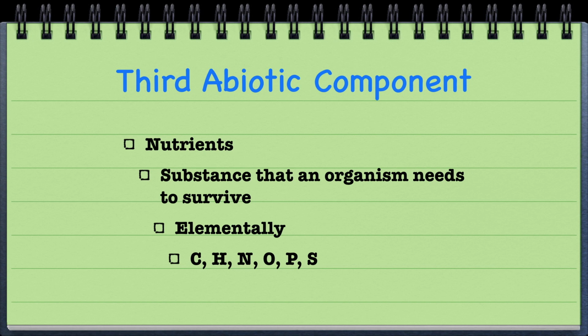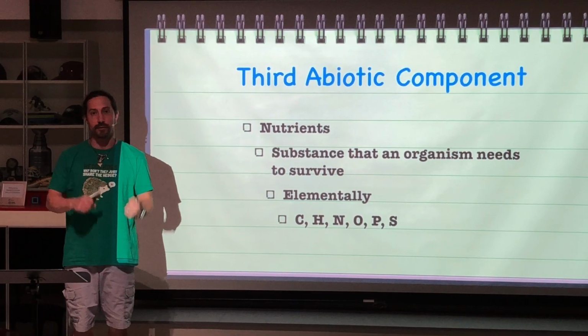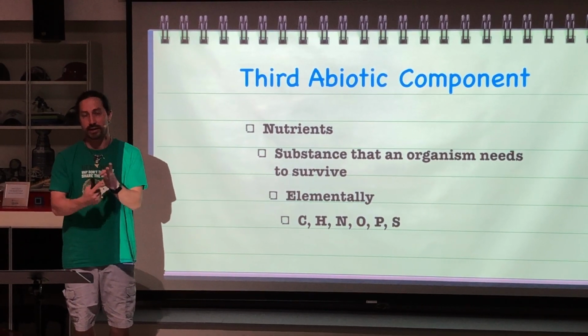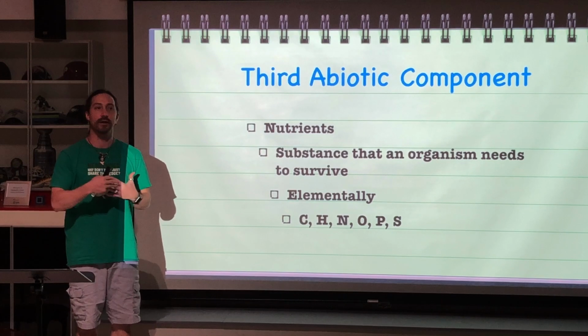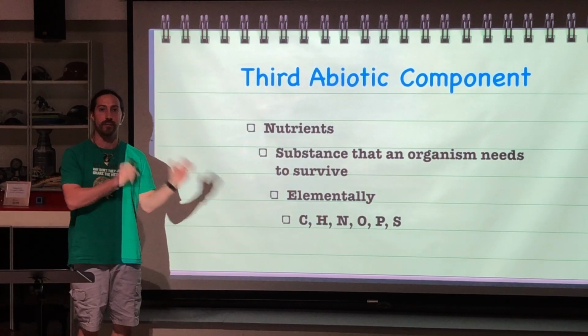We look at them as the organisms need carbon, hydrogen, nitrogen, oxygen, phosphorus, and sulfur, because they need to make the basic building blocks of all of life: carbohydrates, lipids, nucleic acids, and amino acids. Because they need to make those things, they need the building blocks for those different molecules.